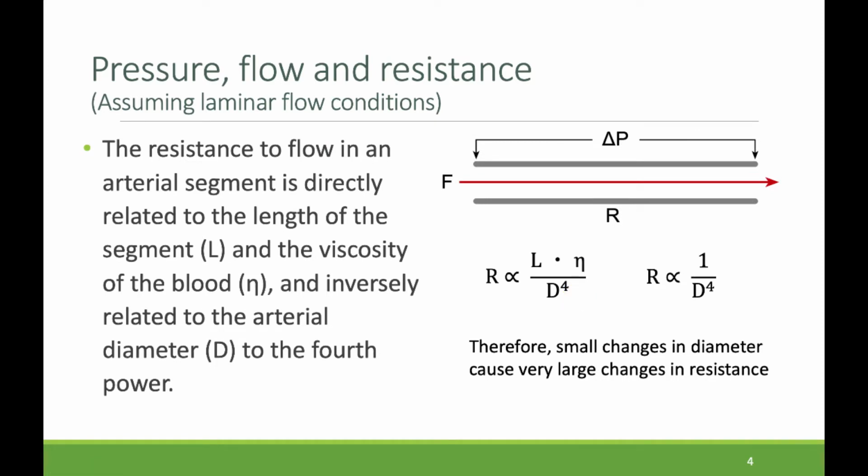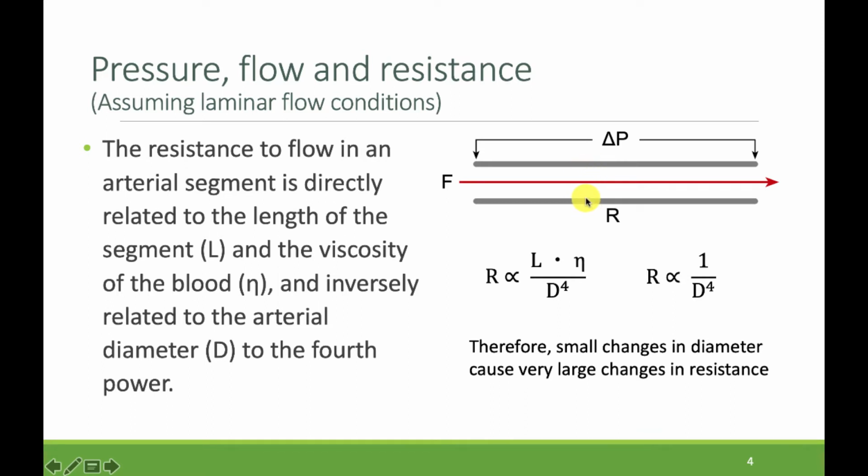Now let's look in a little bit more detail at what determines the resistance to flow in this blood vessel. Well, it turns out that the resistance to flow is directly related to the length of the vessel, L, times the viscosity of the blood that is perfusing the vessel.